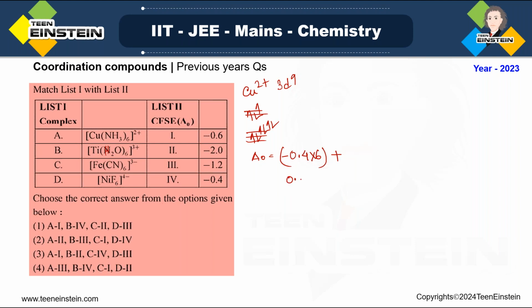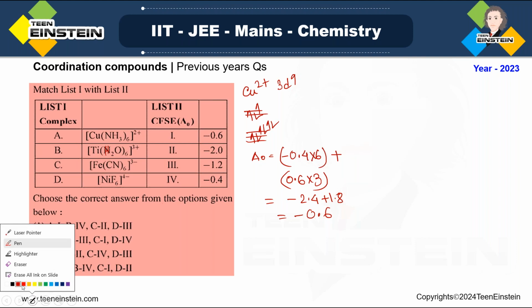You have to multiply 0.6 with 3. So as a result, what we get is minus 2.4 plus 1.6. So ultimately it is minus 0.6. That means it is matching with the first one. So A should be matching with any of these 2 options.